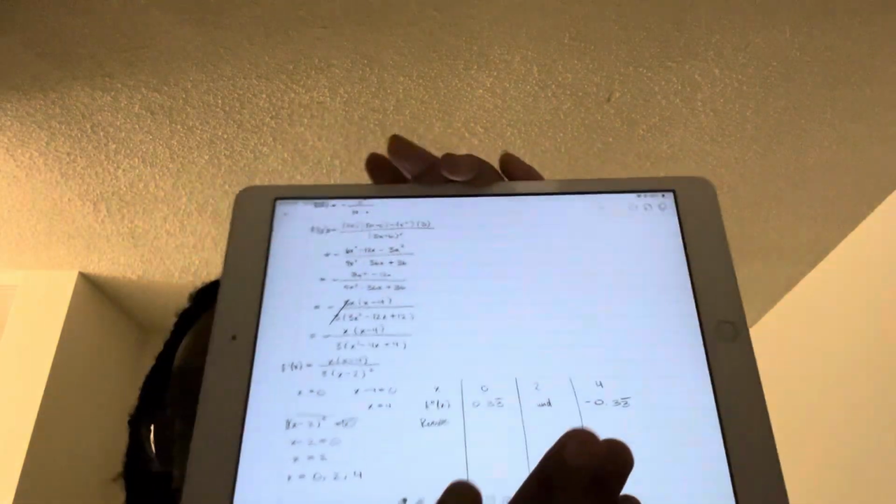So that's what I've got in our table so far. For 0, we had a positive number, which means that it's concave up. And if it's concave up, then that means it's a local minimum at 0. Okay, let's look at 2. 2 was undefined, so I think that means we can't determine if that's an extremum using this test.